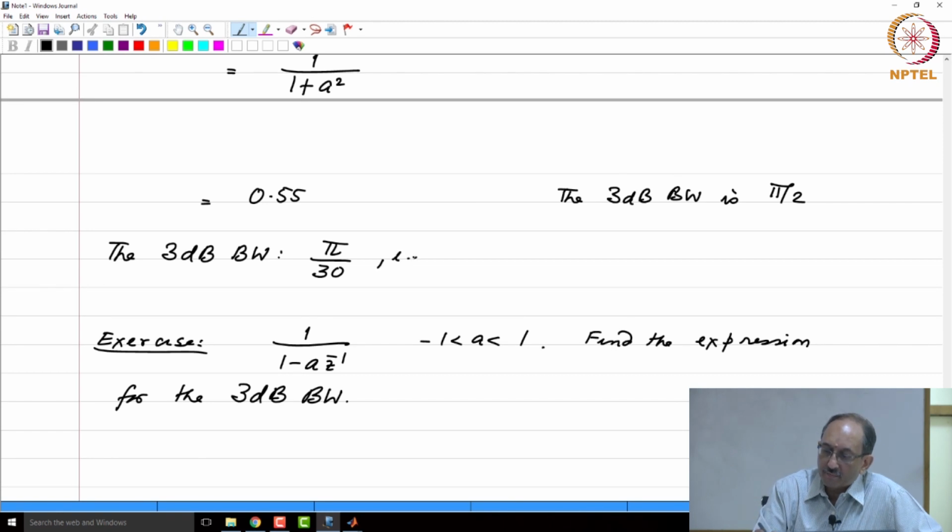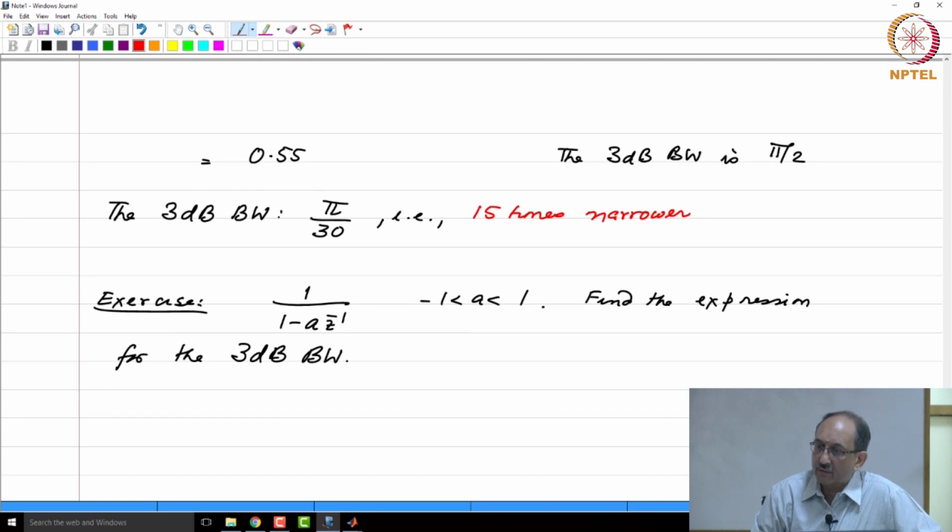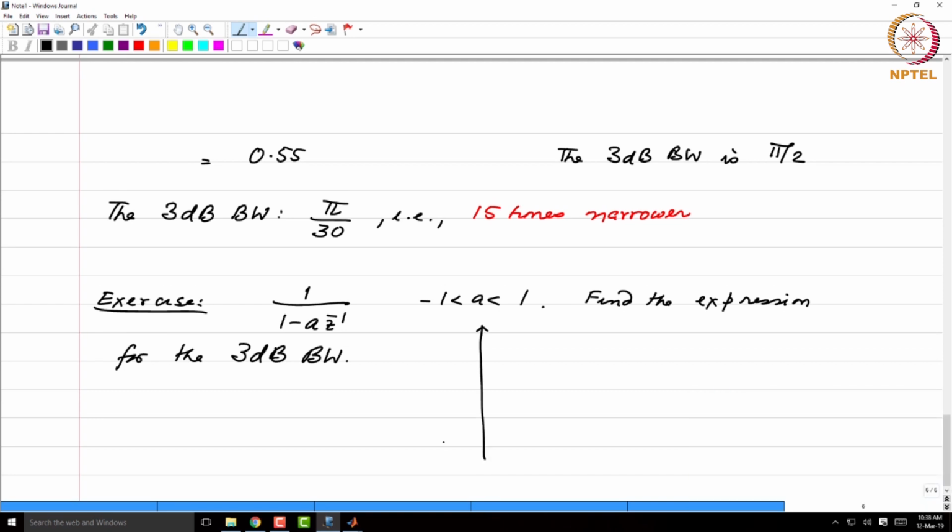So, this is 15 times narrower, and this is also along expected lines, because for the single complex pole, the rough frequency response is like this, whereas for a low pass filter generated using a single complex zero, the response will be like this.